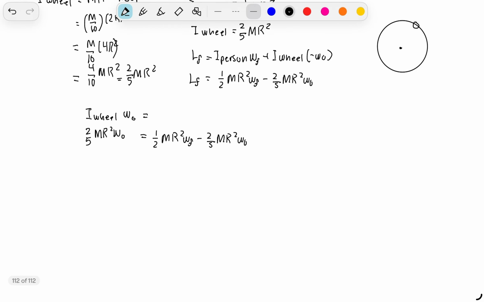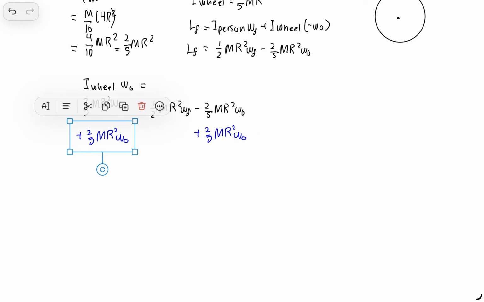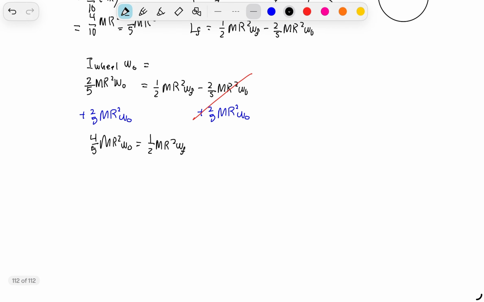We can now move some terms. We can add 2 over 5 mr squared omega initial to both of our sides. So this is going to cancel out, and you're going to have 2 over 5 and 2 over 5, that's going to be 4 over 5 mr squared omega initial, which is equal to 1/2 mass radius squared omega final. So then we see we have mr squared on both sides.